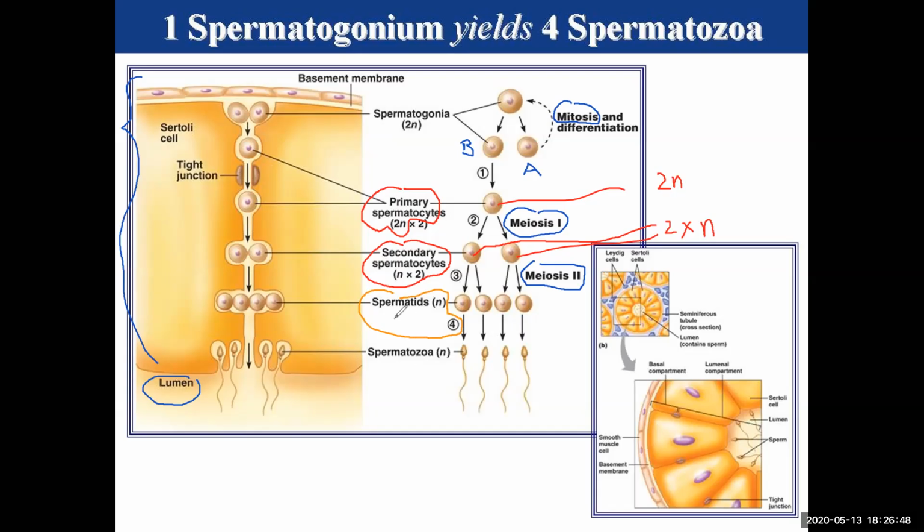And the spermatids, through spermiogenesis, become 4 sperm, each of which also obviously are haploid cells.